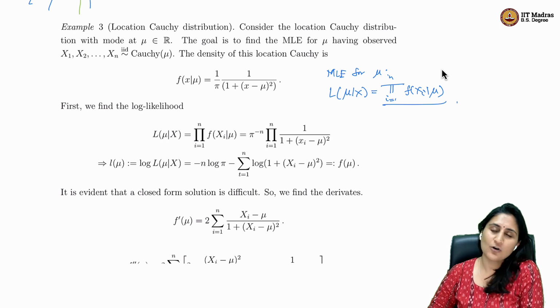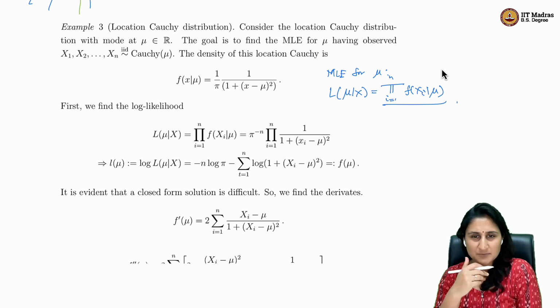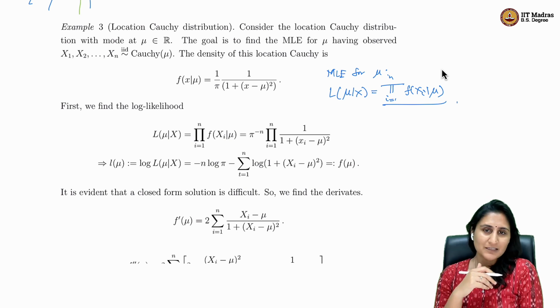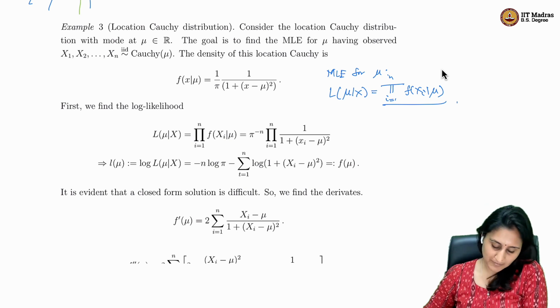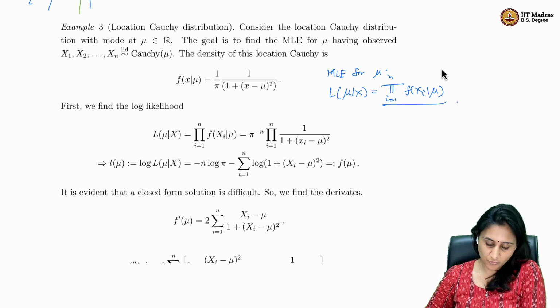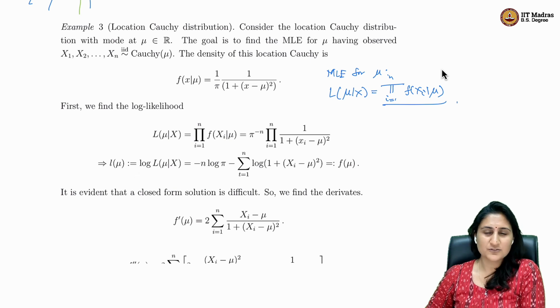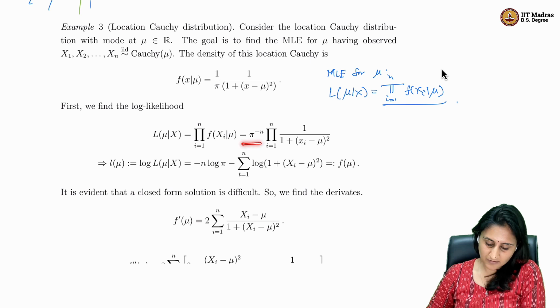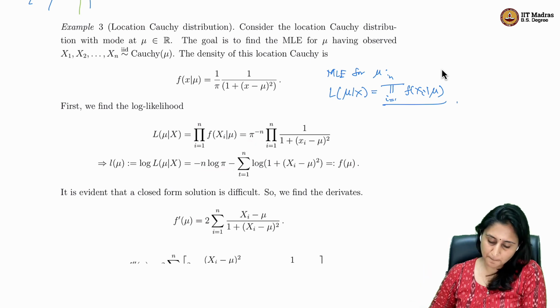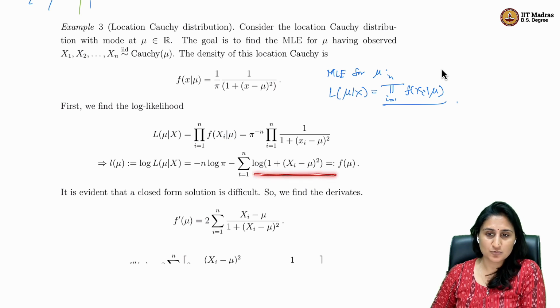Now I can take the log of this likelihood, because typically, as we've discussed, taking the log is easier to optimize. So small l of mu is log of L, which is minus n log pi, where pi is just the number pi, minus, the product becoming a summation, summation i going from 1 to n, of log of 1 plus (xi minus mu) squared.